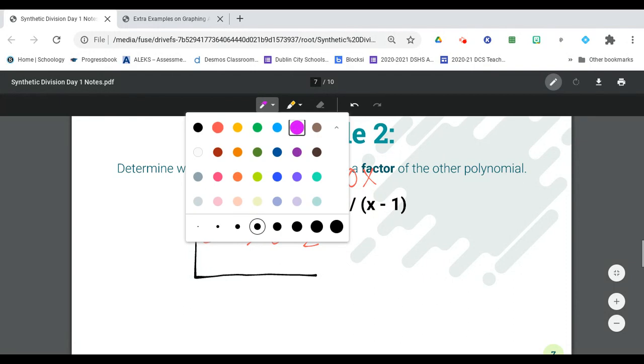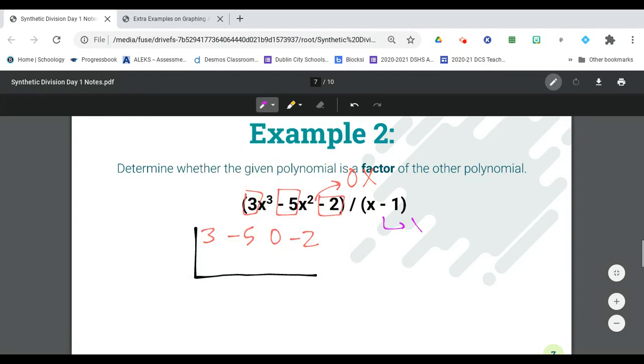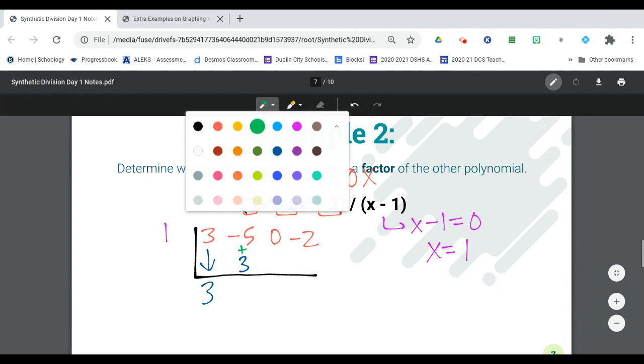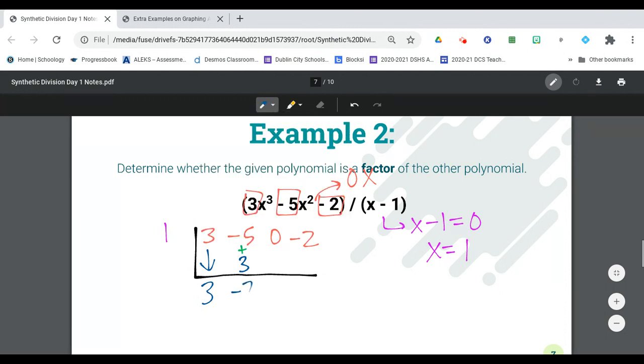And then remember, I'm going to set the factor equal to 0 so I can figure out what number I'm going to divide out. So I'm going to divide out a 1. So then I will bring down my 3, and once it's outside, I'll multiply. So 3 times 1 is 3. I will then add -5 plus 3 gives me -2.